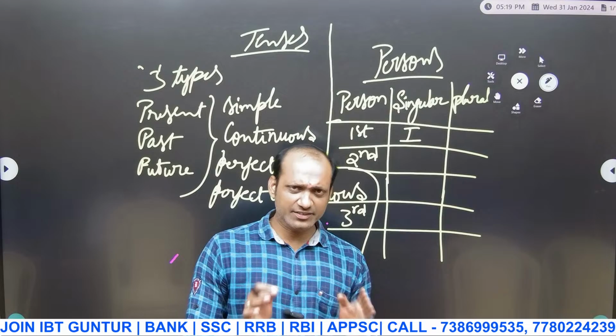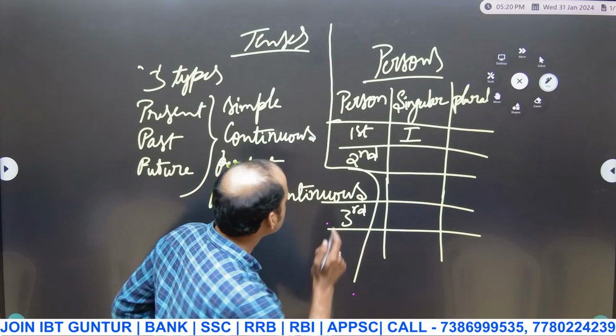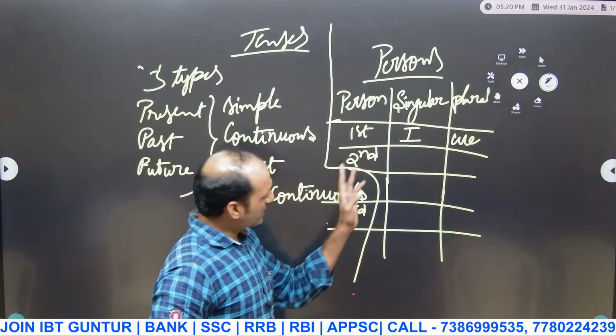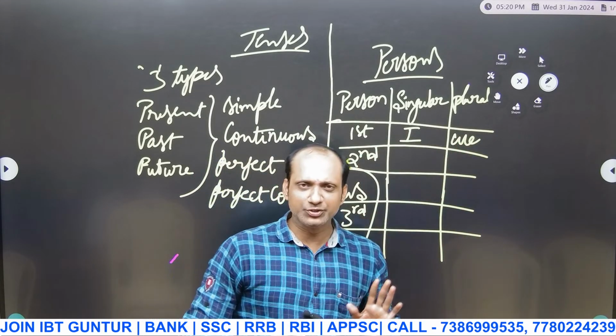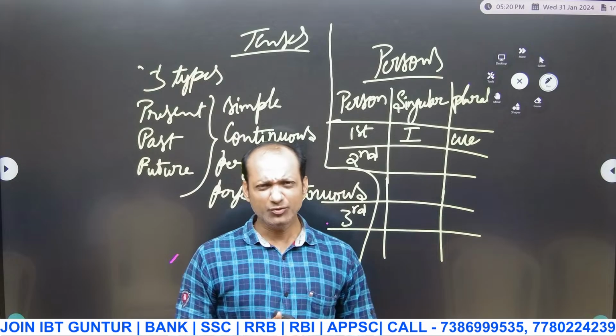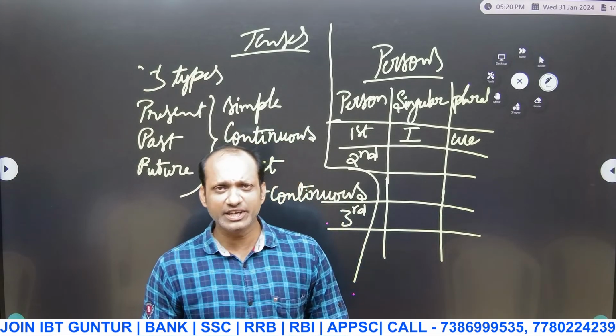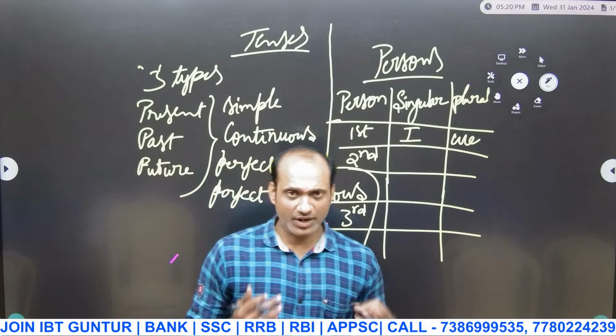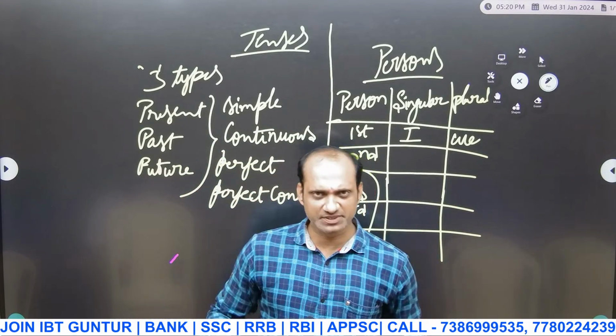Now, let us know clearly about persons. First person plural, we should use we. For what purpose are we using we? What is the reason behind that? Let me tell you one thing. When I am talking, I am the only person.